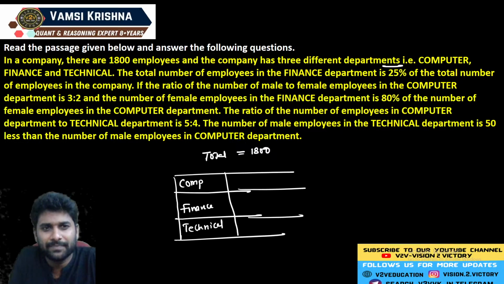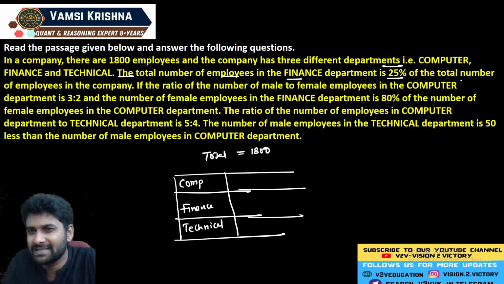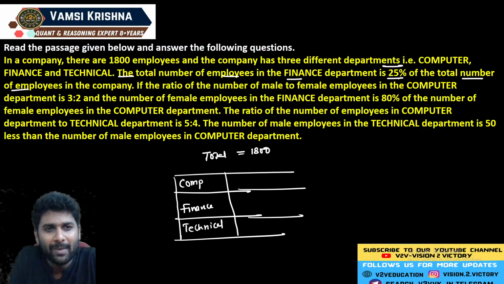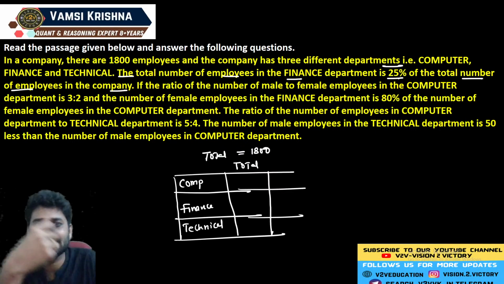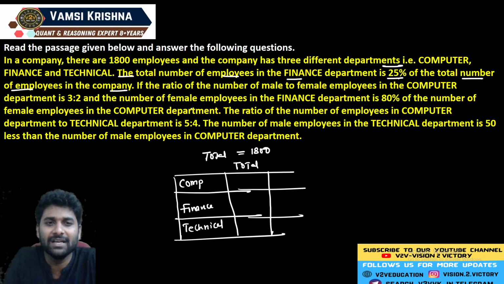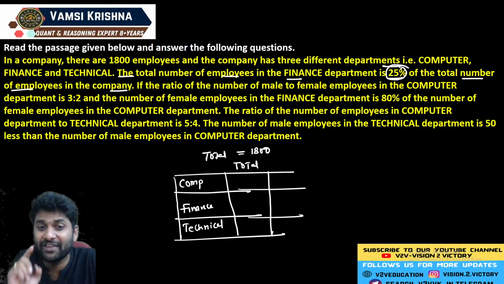Now see the next line here. The total number of employees in the finance department is 25% of the total number of employees in the company. First identify how many employees are there in each and every department. You already know the total number of employees in the company is exactly equal to 1,800. So out of 1,800, 25% of people are from the finance department.